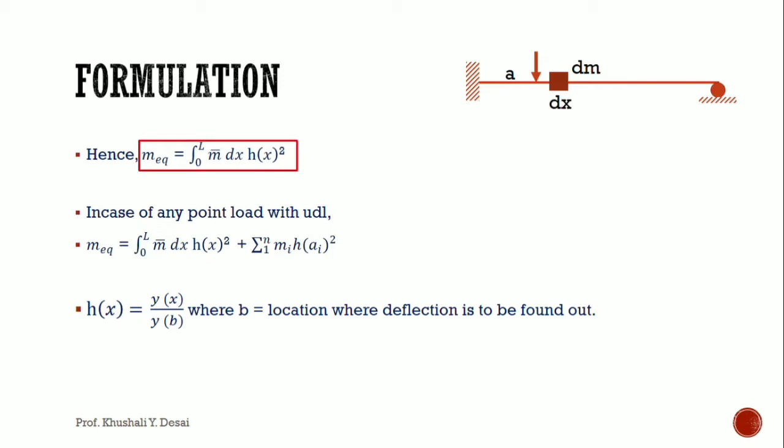Now if in case you have an additional point load at distance a, your m equivalent changes to this particular equation. Now here h of x can be said as displacement at x upon displacement at b. b is the location where deflection is to be found out.